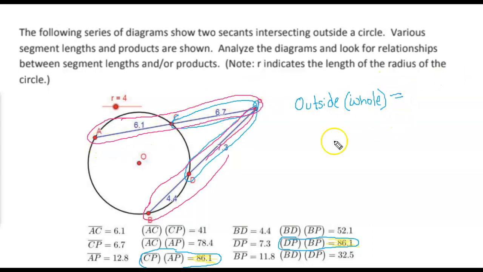And when I do that, it is equal to, on this secant, the outside piece multiplied times the whole thing. Again, if we can set that relationship up, plug in what we know, we can always solve for a missing piece of that puzzle.